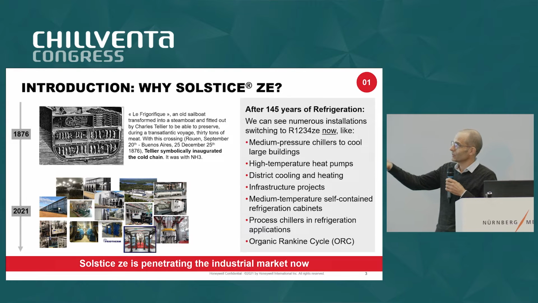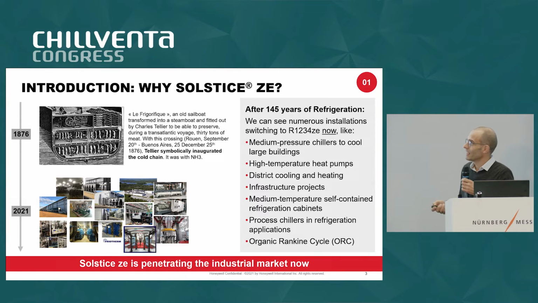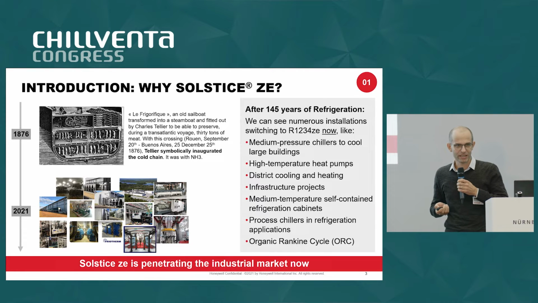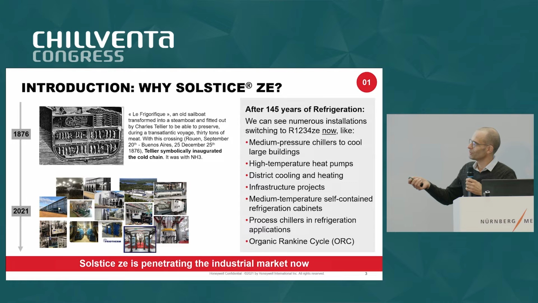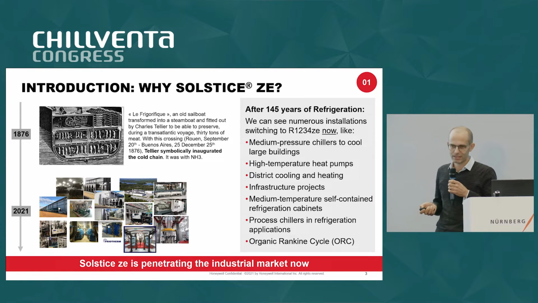This boat is called Le Frigorifique. And inside this boat, there was a refrigeration installation using ammonia. So ammonia has been installed in this kind of application and in industrial applications for a long time.